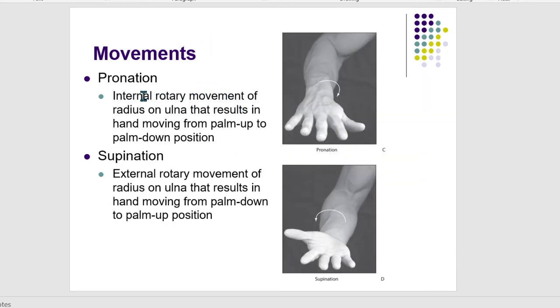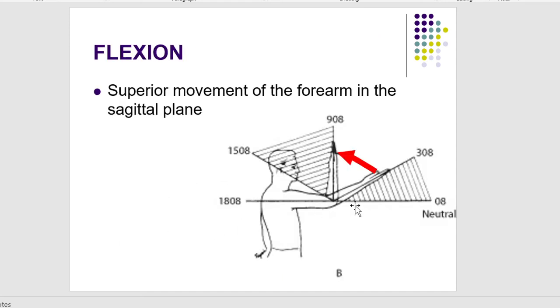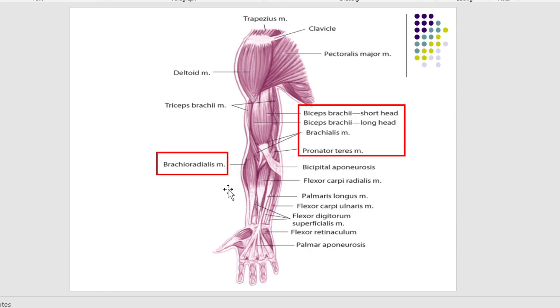Then you have your pronation, where you move your palm facing downward, and your supination, where you move your palm facing upward. The basic range of flexion is around 180 degrees, 0 to 180, and extension is 180 to 0.